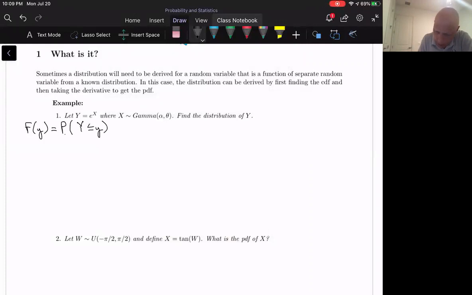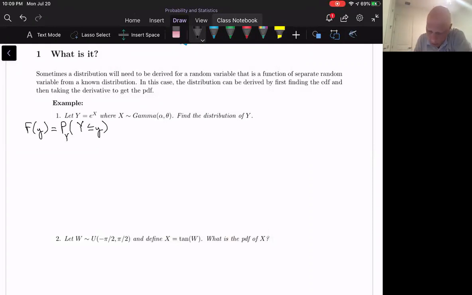I'm going to put a subscript on the P just to indicate the distribution it comes from. So here, to find this probability, we would use the distribution of Y, whose distribution we don't know yet. That's the whole goal of this problem, to figure out how Y is distributed.